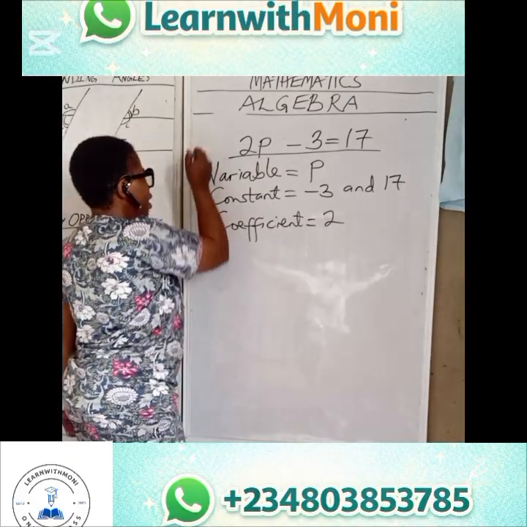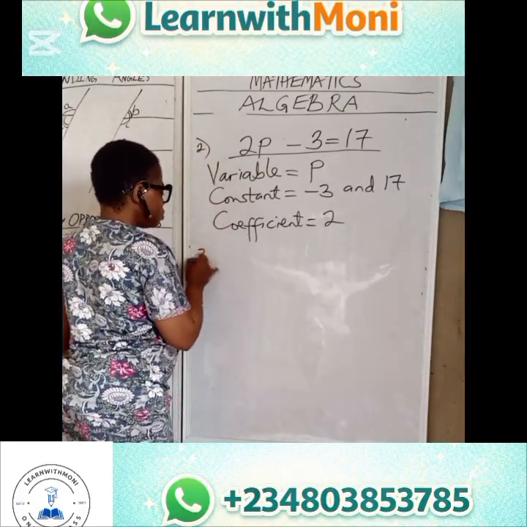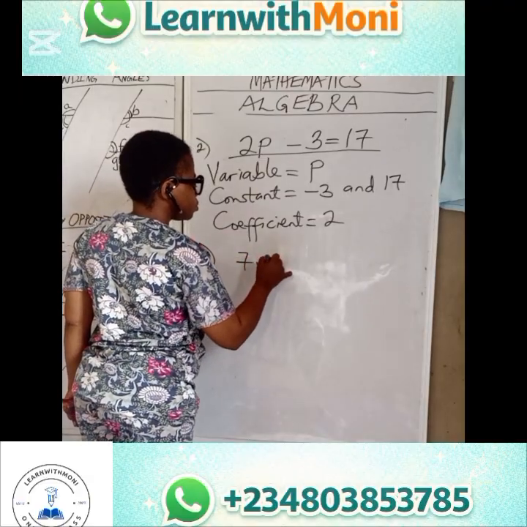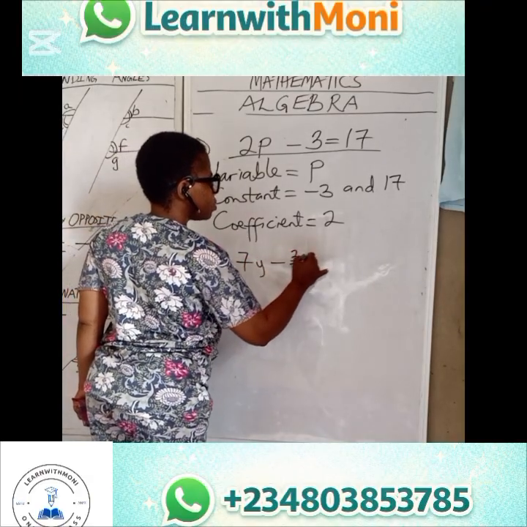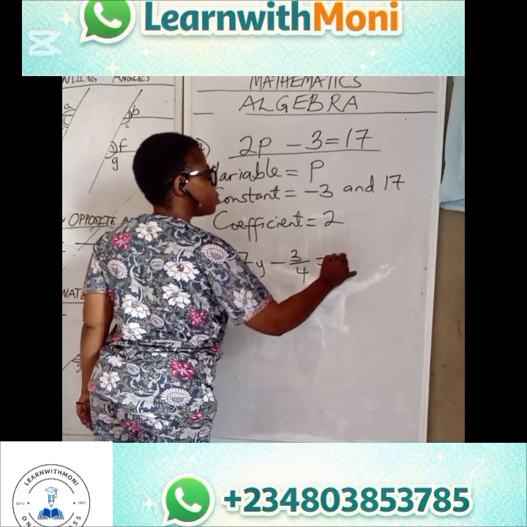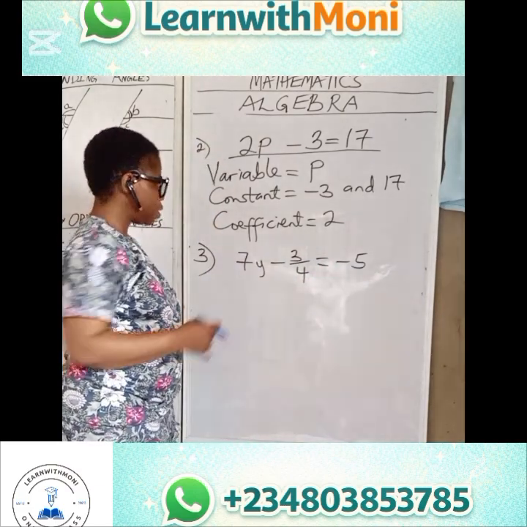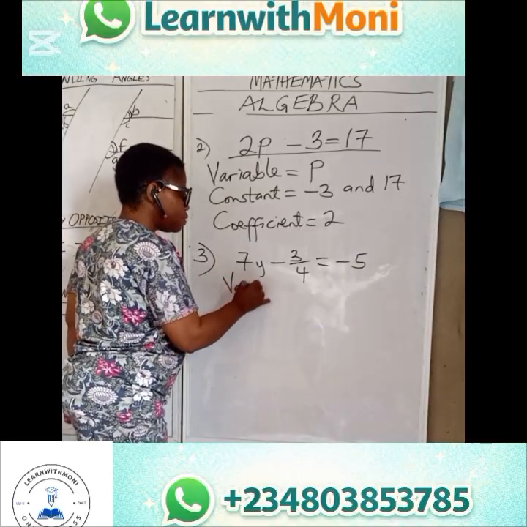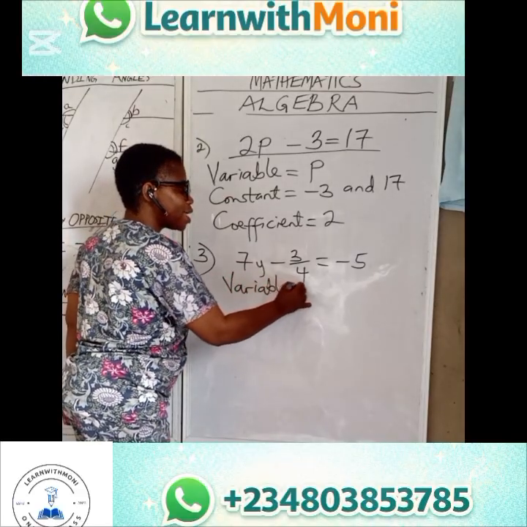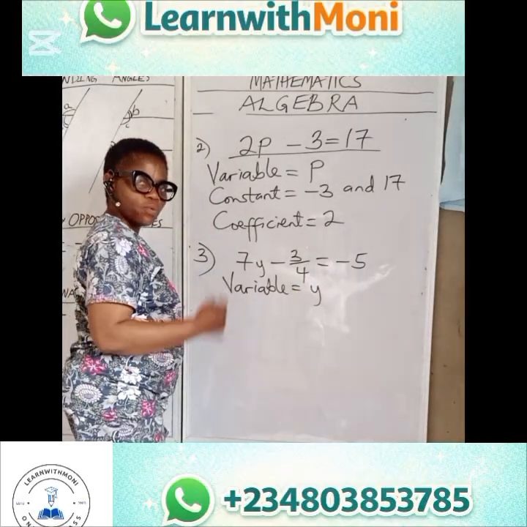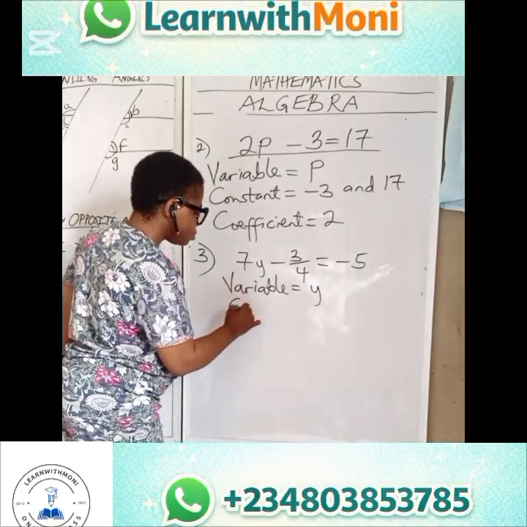Let's take another example. Okay, this is another situation. The variable in this equation, yes, I can hear you saying y. Yes, y is a variable. What about the constants?